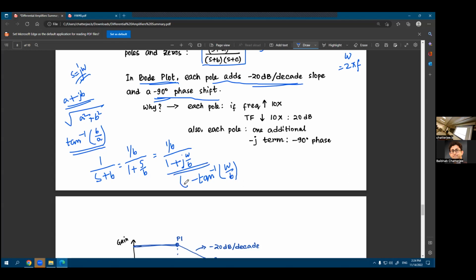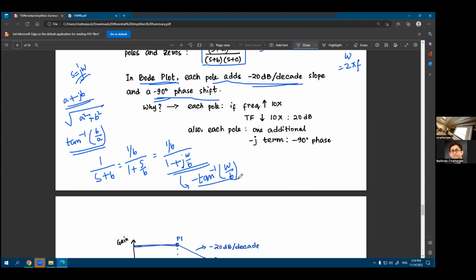So you don't need to think about it this much, but if you want, you can just go back to the theory of complex numbers and refresh these concepts. So this is the phase, minus of tan inverse of omega over b. What will happen when omega is infinite, when you have a very large frequency? This is minus tan inverse of infinity. What is tan inverse infinity? 90 degrees, right?